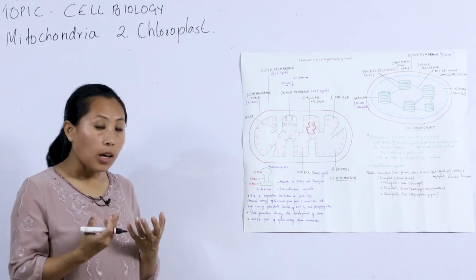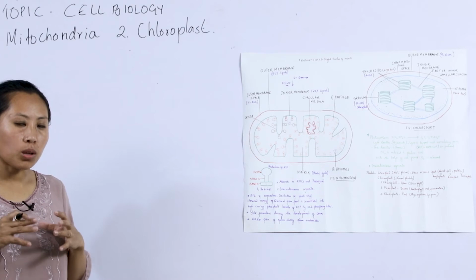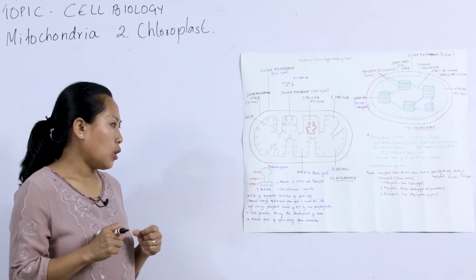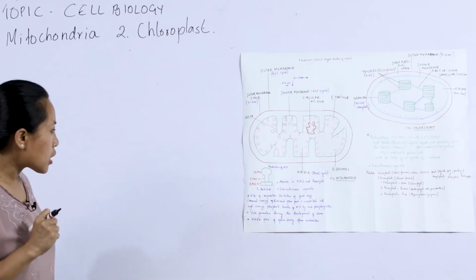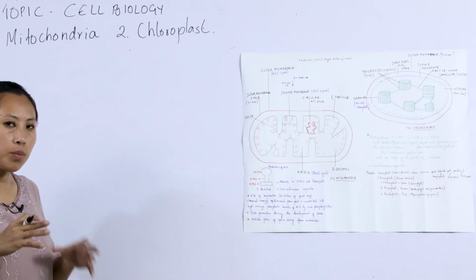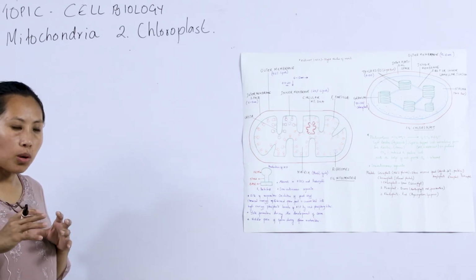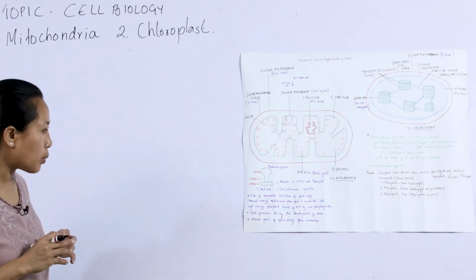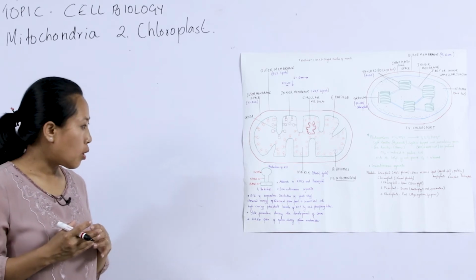The oxygen which we inhale is used to break down the food and release the energy. Oxidation of food involves the chemical energy obtained from food being converted into energy-rich phosphate bonds of ATP during the process of oxidative phosphorylation.